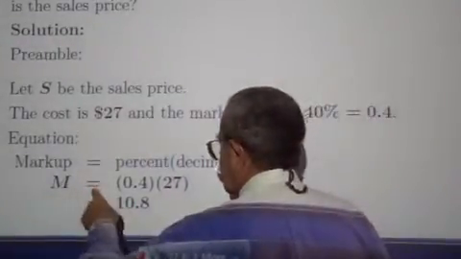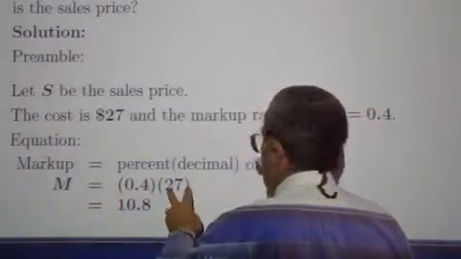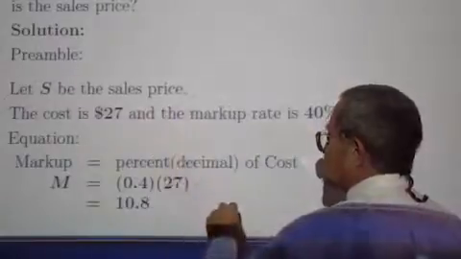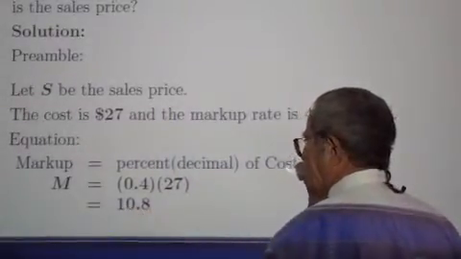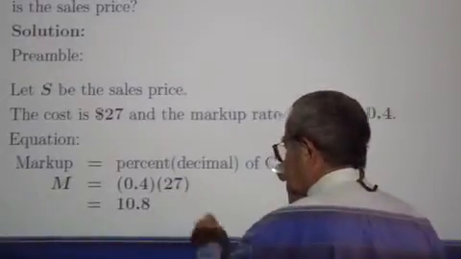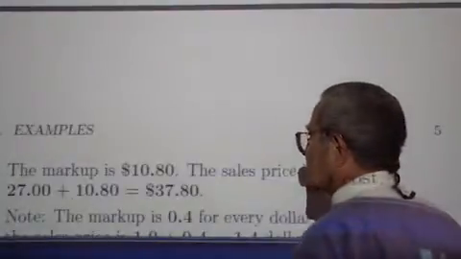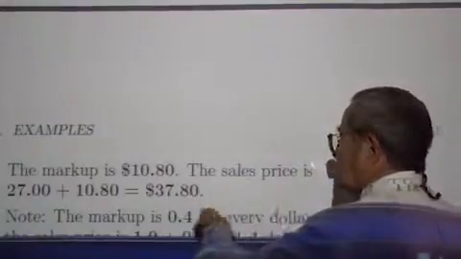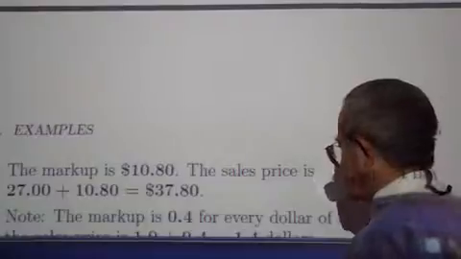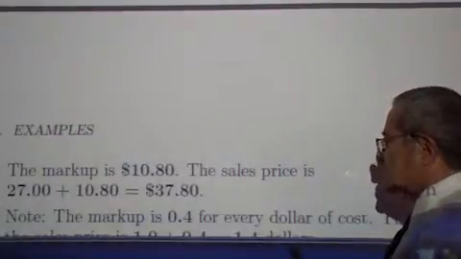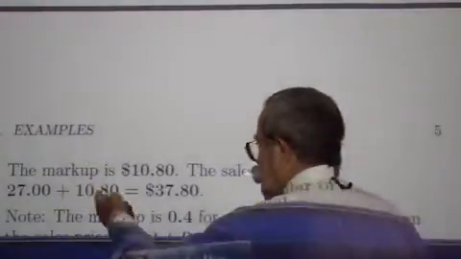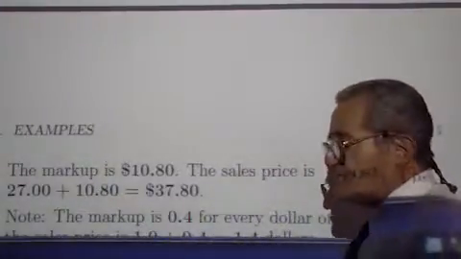So markup is percent of cost, or $10.80. And when you sell it, you want to add 10.80 to 27, which gives you $37.80. So you need to sell your shoes for $37.80, and you get $10.80 profit for your expenses.